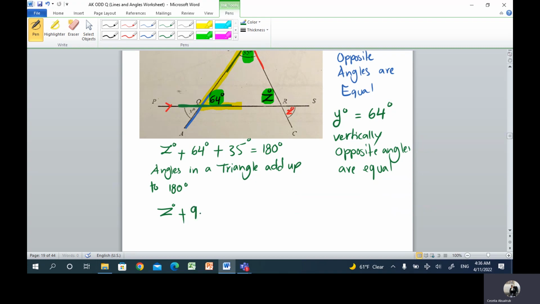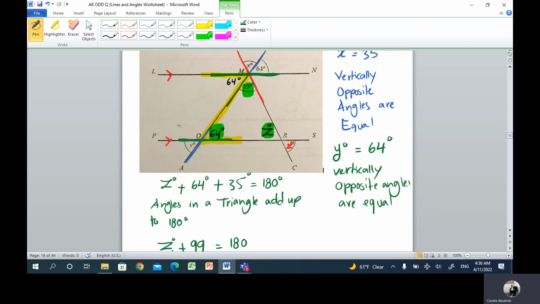So plus 99 is equal to 180. If you apply opposite operations, then Z is equal to 180 minus 99, and the answer will be 81 degrees. So we found all angles, X, Y, and Z.